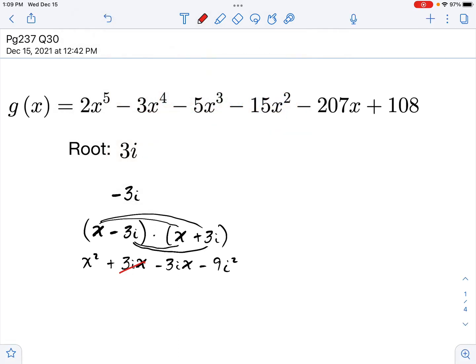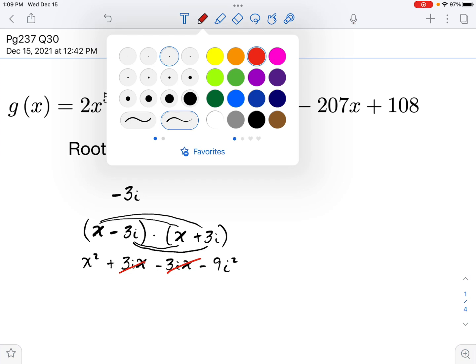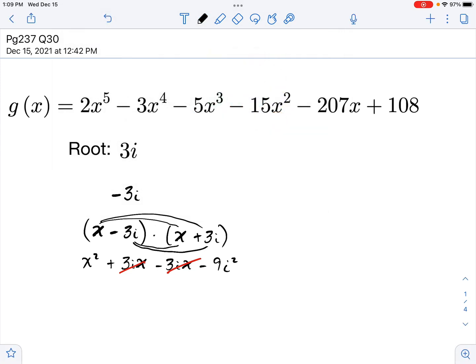I have 3ix minus 3ix will cancel. And then I am left with x squared minus 9i squared. But by definition, i squared is equal to negative 1. And so this is x squared minus 9 times negative 1, which is x squared plus 9.